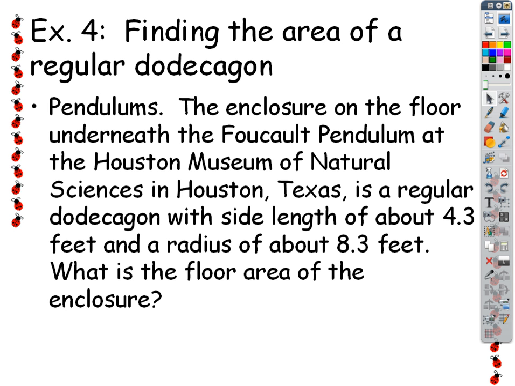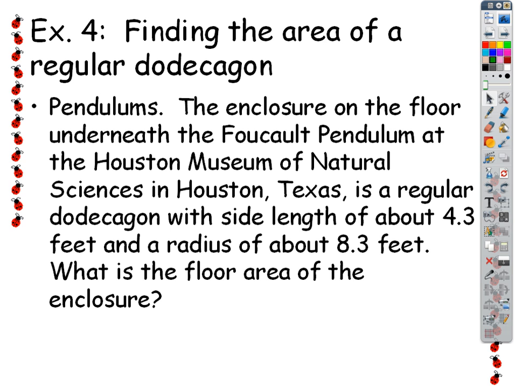And so let's see. We get this situation where this Foucault pendulum at the Houston Museum of Natural Science in Houston is a regular dodecagon with a side length of 4.3 feet, and the radius of the circle that contains it is 8.3 feet.